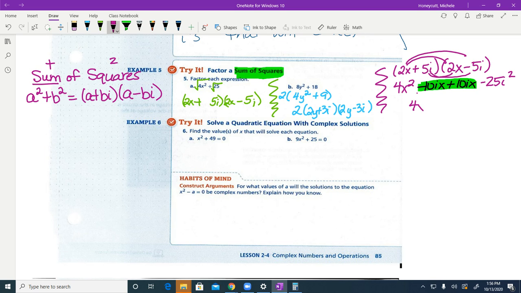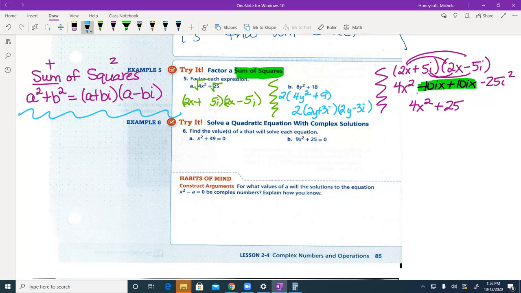So we get 4x squared, and then i squared is negative 1, so this is 4x squared plus 25. So that's why it factors into the i's, because it would give those two middle terms that will cancel each other out.